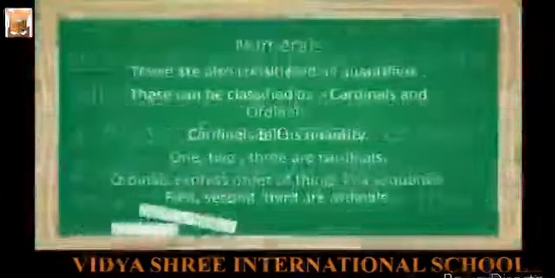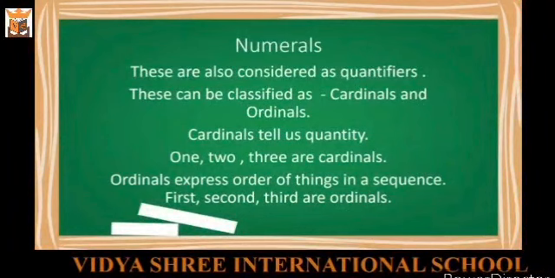Our next category is numerals. We can also classify them as quantifiers, but we are making a separate category. Why? Because numerals can also be classified as cardinals and ordinals. Cardinals tell us quantity.